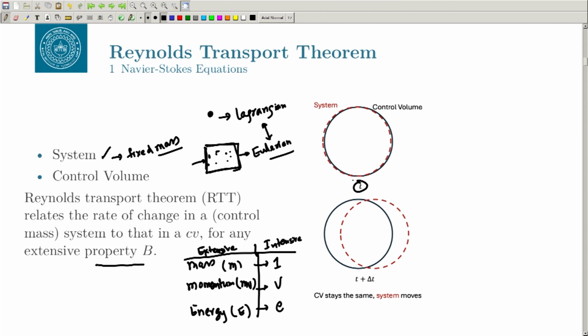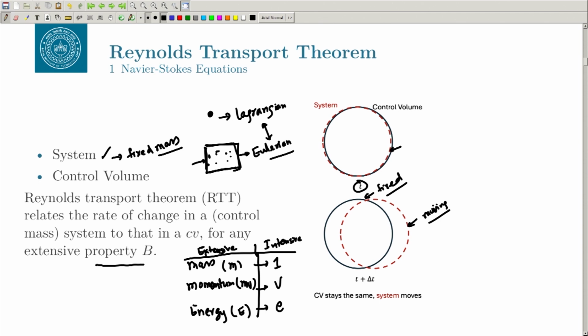So, with any force or any action the system will move, right. Let us say the red dotted line here is the system which moves here to the point t plus delta t with time because of some force or whatever action is happening. But the control volume remains fixed. The control volume, this is fixed, which is our observation, and this is moving due to some action.